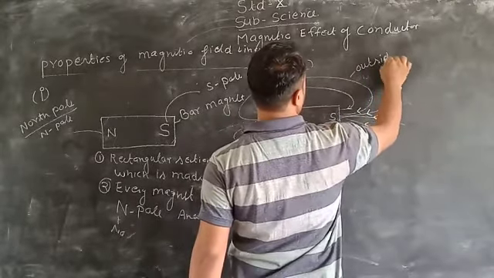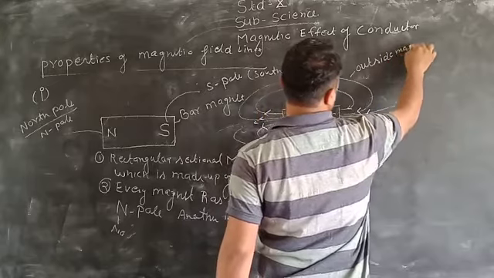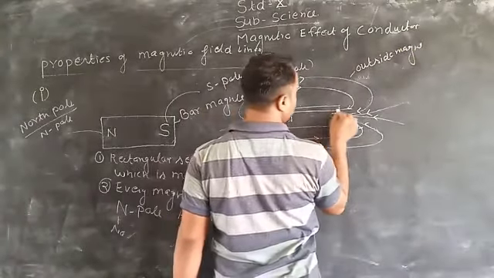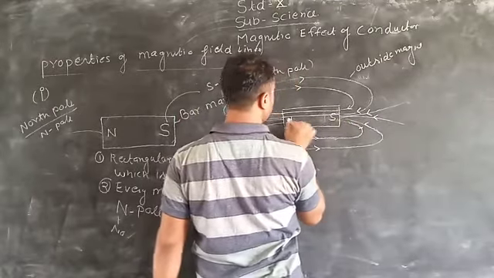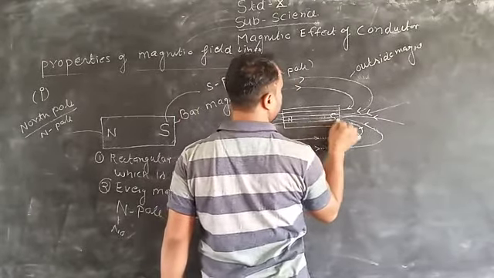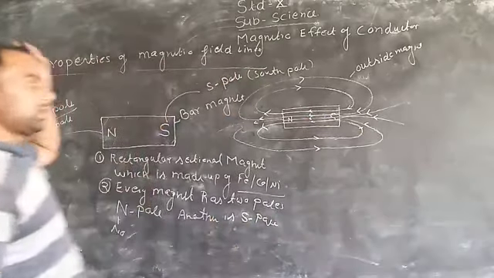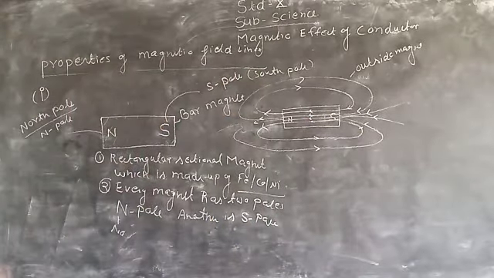Outside the magnet, and inside the magnet, it travels from south to north. This is the basic property. We have to remember that magnetic field lines originate from the north pole and enter the south pole.